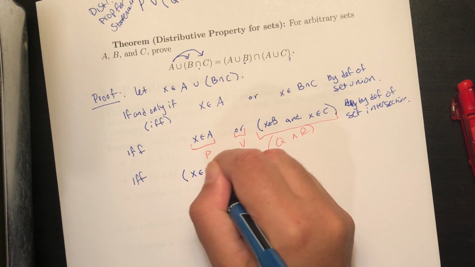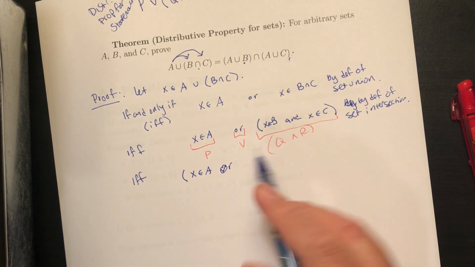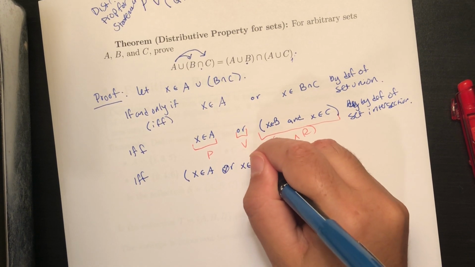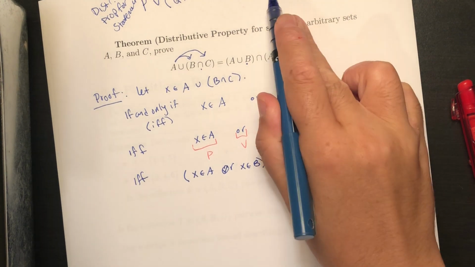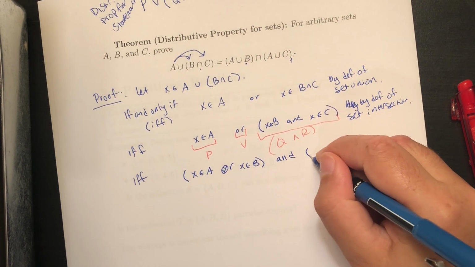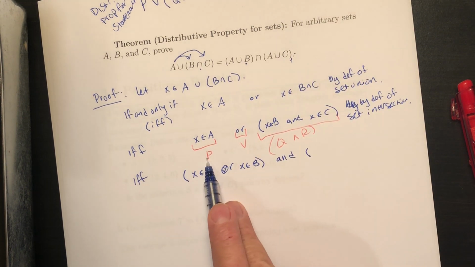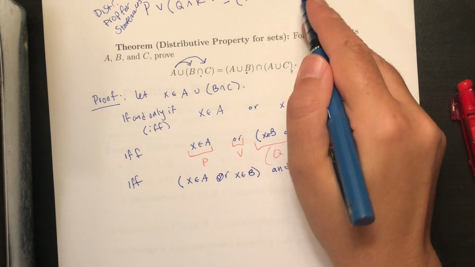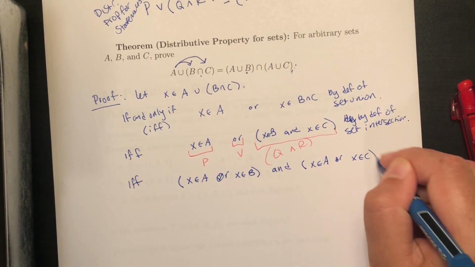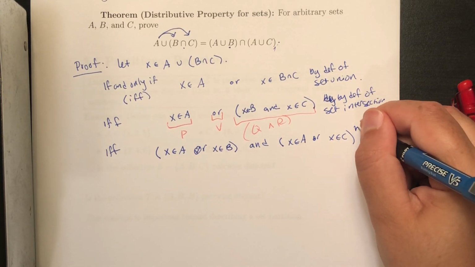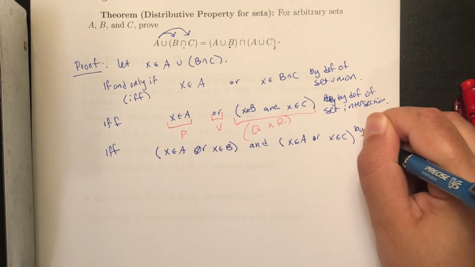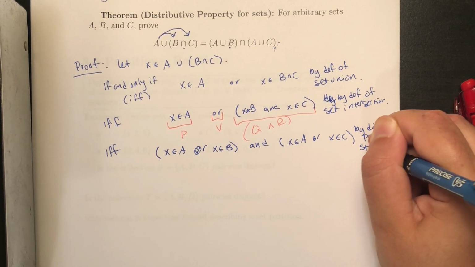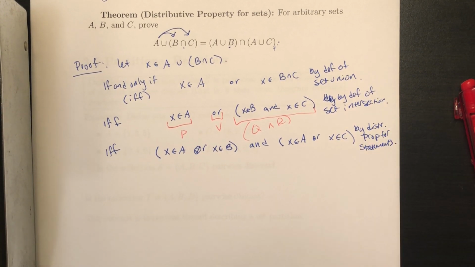So X is an element of A, or, write it in words, or X is an element of B, and P or R: X is an element of A, or X is an element of C. Right, this is by the distributive property for statements. So I've saved myself a lot of work of thinking through the cases just by applying those properties that we proved in chapter 1 about statements.